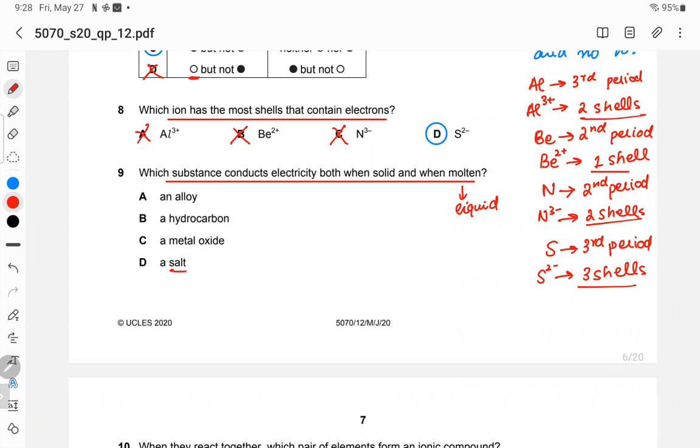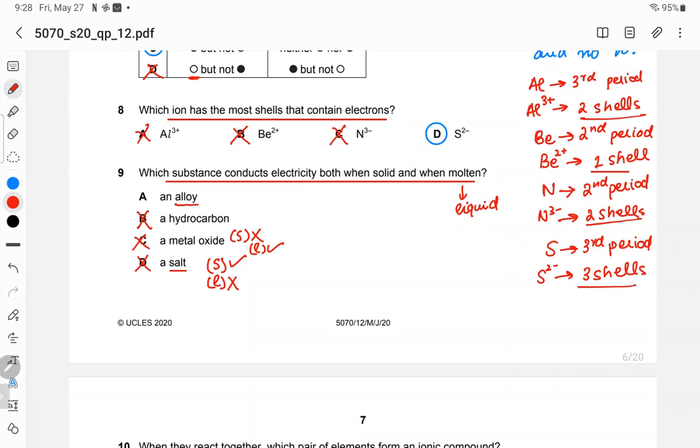salt conducts electricity in its solid state, but in molten state it does not. So D goes wrong. Metal oxide does not conduct electricity in solid state but does conduct electricity in its liquid state, so it also goes wrong. Hydrocarbon can be in any state and it's a non-metal covalent substance, so it does not conduct electricity.